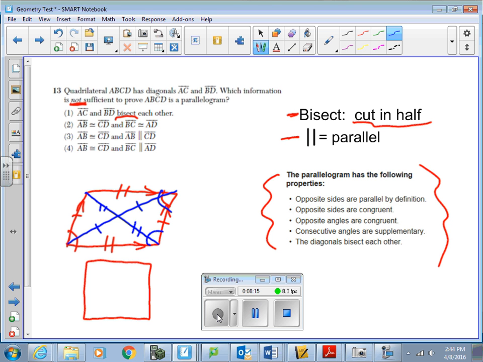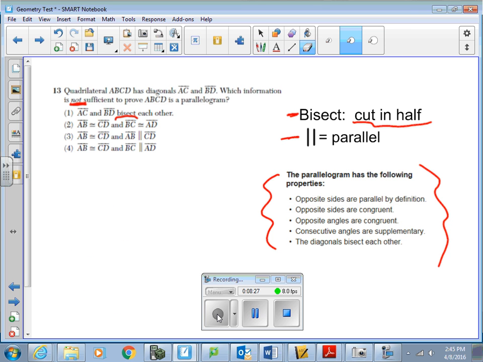All right, so if you look at our answer choices, let's see. So I'm going to draw another parallelogram here. Just a normal one. Like this. All right.